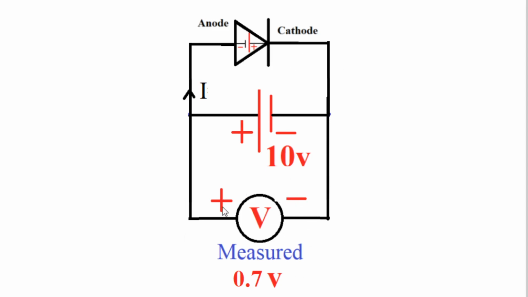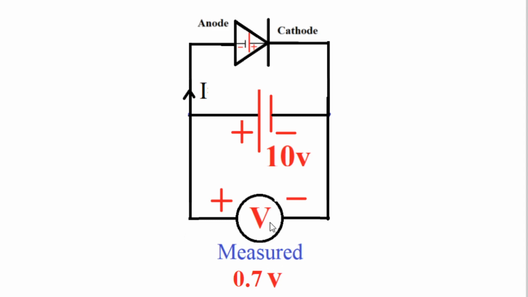Here most of the time students get confused. They feel that this voltmeter will measure the voltage of the battery, because positive of voltmeter is connected to positive of battery, negative to negative, and they answer 10 volt.